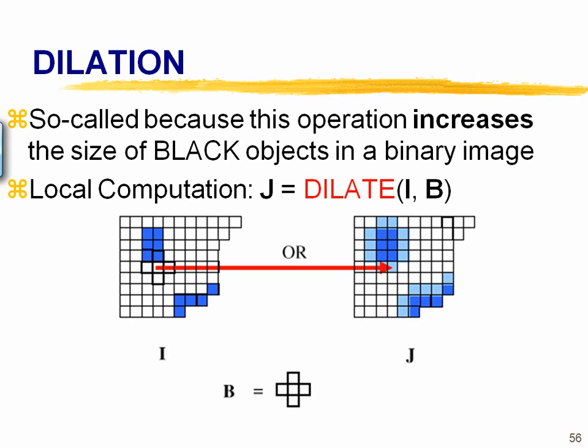If this is a square window, then you will have this value also become a 1, so this would also become full. Similarly, when you move out, this is going to be full as well. So the way your shape changes depends on the kind of window you have used. But broadly speaking, the end result is still a dilation.